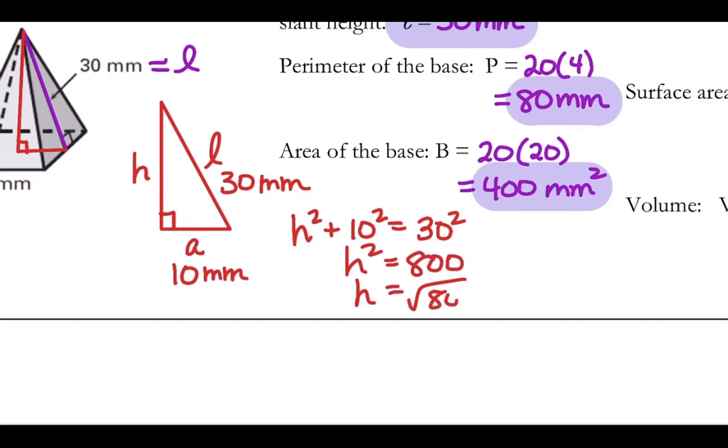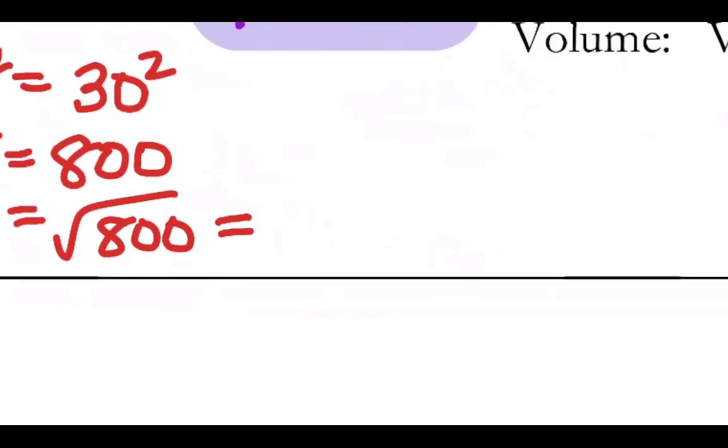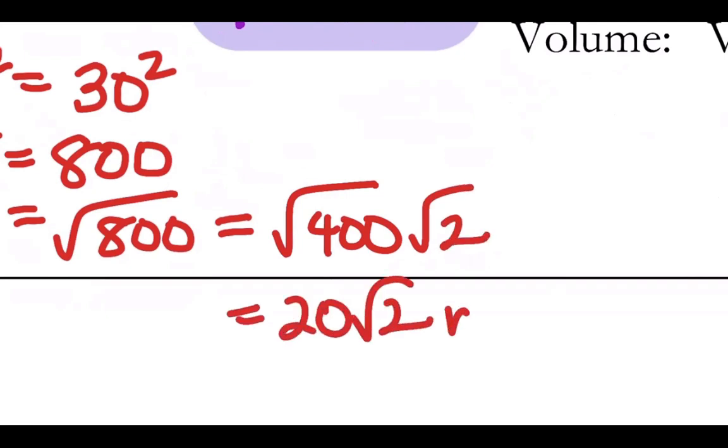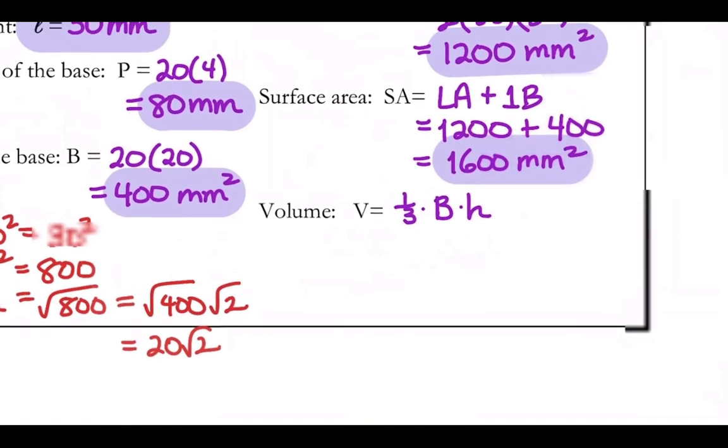The square root of 800 is the square root of 400 times the square root of 2, or 20√2 millimeters. Okay, that's the height, the normal height of our pyramid. So our volume would be 1/3.